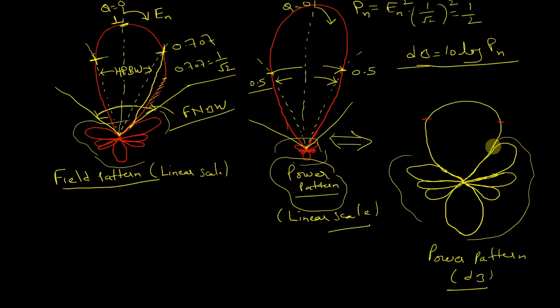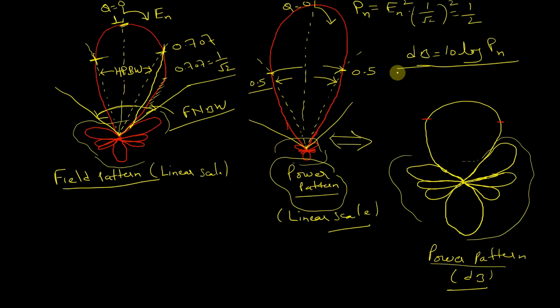These side lobes are highlighted. Okay, this is the quality of logarithmic scale. Very small values are highlighted. So to highlight these very small values, this power pattern in dB scale is used.